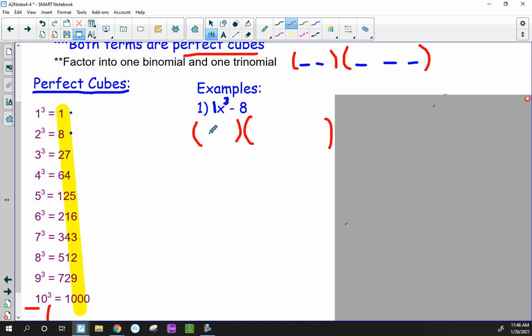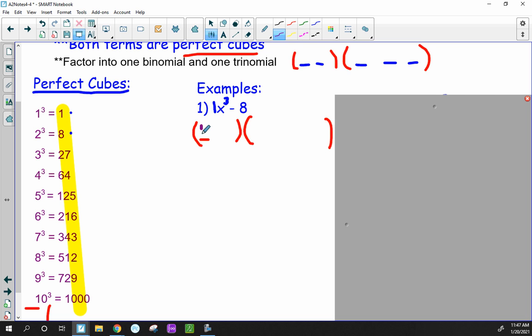In the binomial, the smaller parentheses, you're basically doing the opposite of cubing, which is taking the cube root. So you're thinking about this backwards. You want to know what you can put in this first position of the parenthesis so that when you multiply it by itself 3 times, it gives you 1x to the third back.